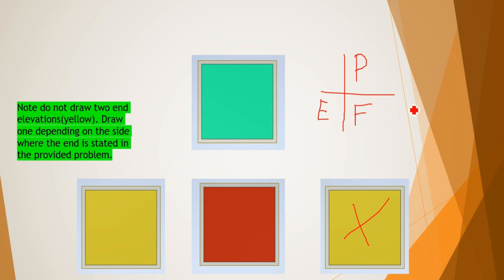But if the viewer were to be on the right side of the object, then the layout of the drawing will appear like this. That's the plan at the top, the front here, and then the end will be here. Sorry for using this, I was not supposed to draw this. You can just ignore it.